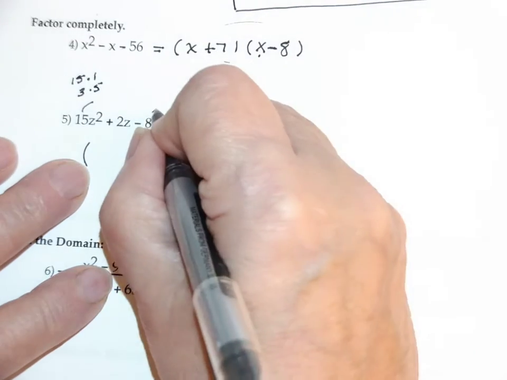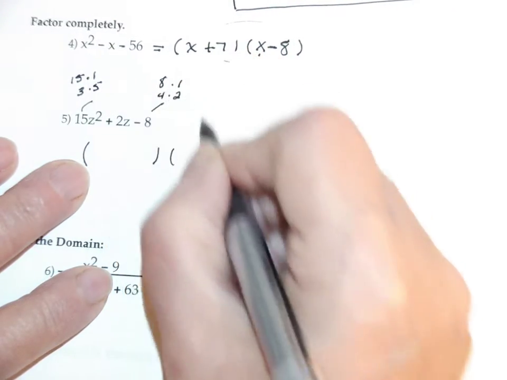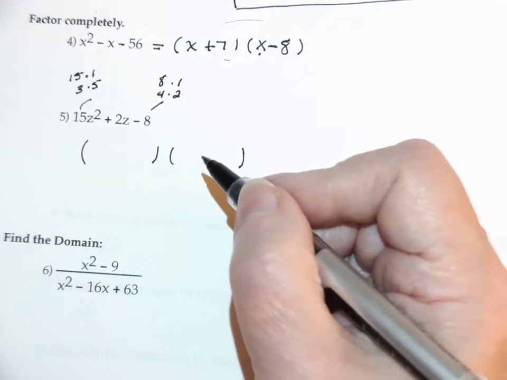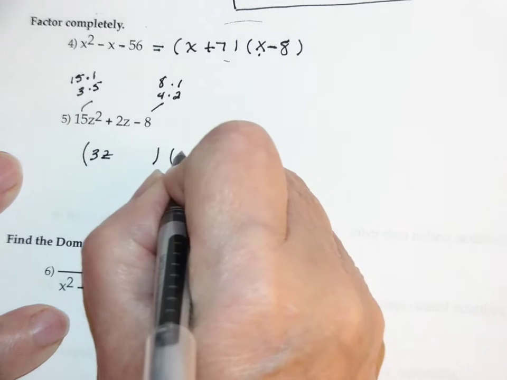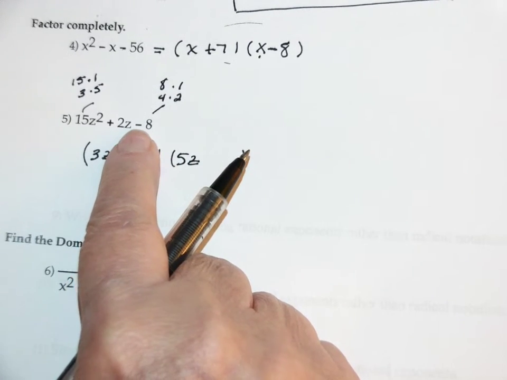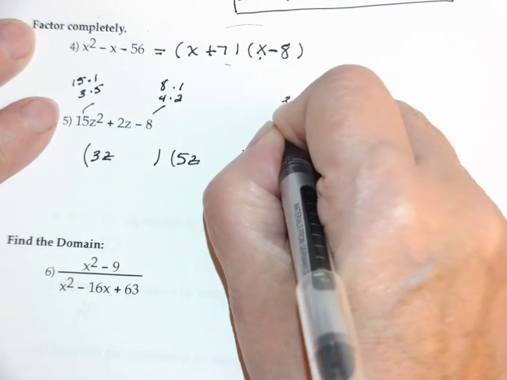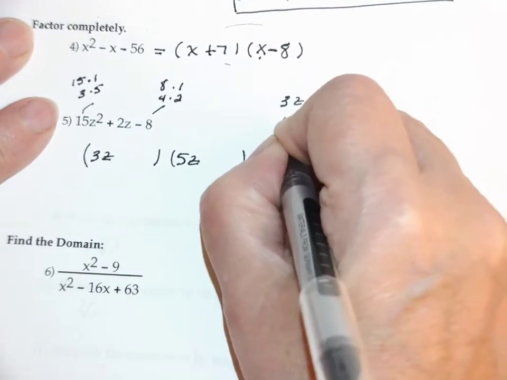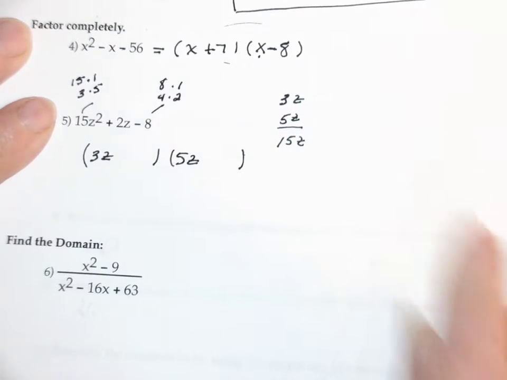And for 8, it's 1 and 8, and 2 and 4. So the combination, certainly most of the time, it would be a 3z and a 5z. The inner outers have to subtract to give me an 8. So if I had a 3z and a 5z, there's your 15z.